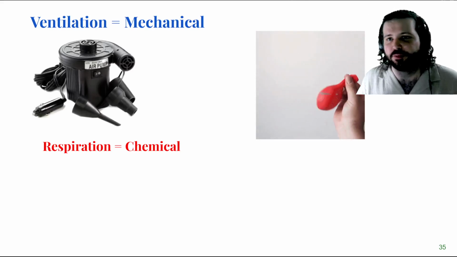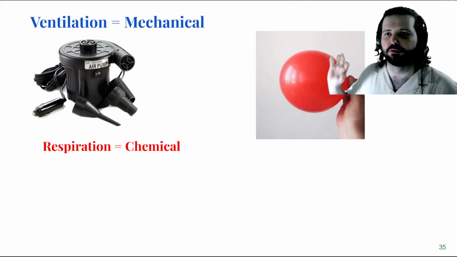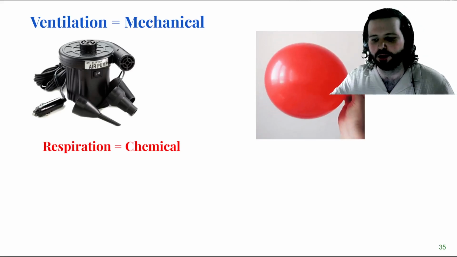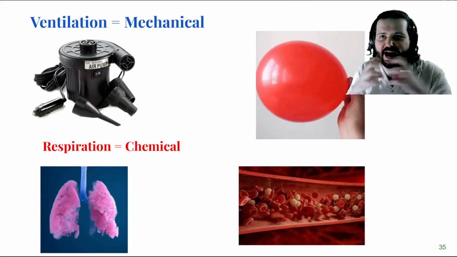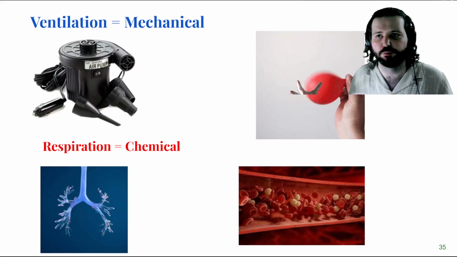So when we think about human breathing, think about it in two different ways. A mechanical, a pump, a balloon expanding, air physically going in and air physically going out, versus a chemical problem where the actual gas exchange is happening and getting that oxygen into our blood.